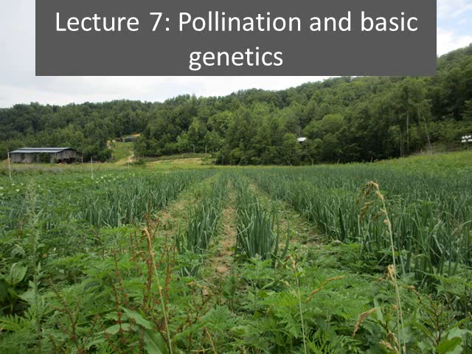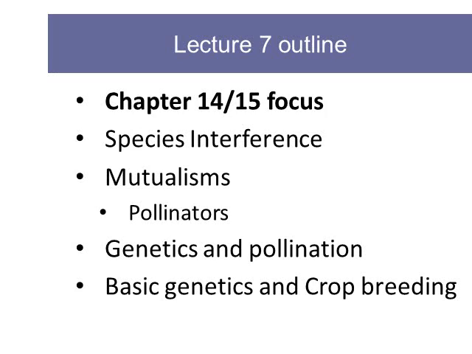All right, now we're going to start on lecture 7. So we're going to be focusing on chapter 14 and 15. But the deal is we're not going to be following the book as much for this one.